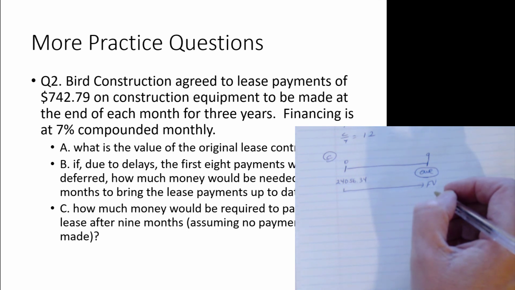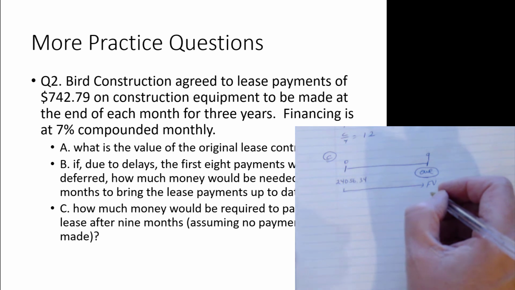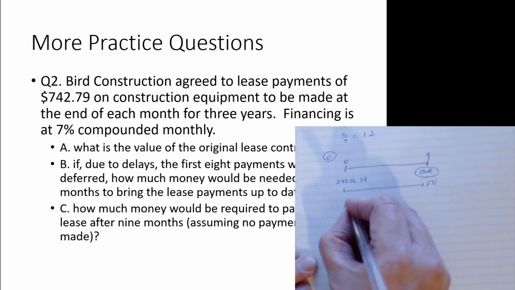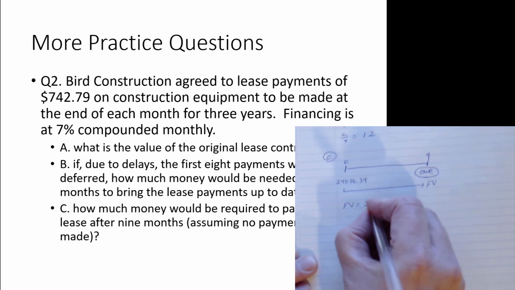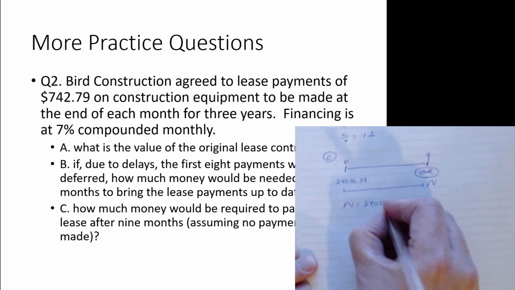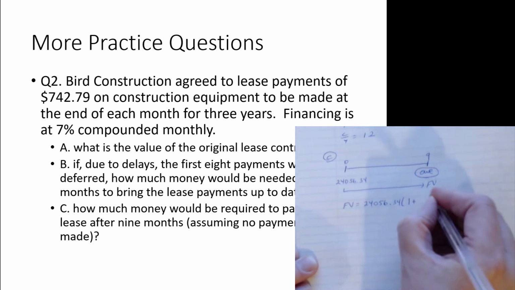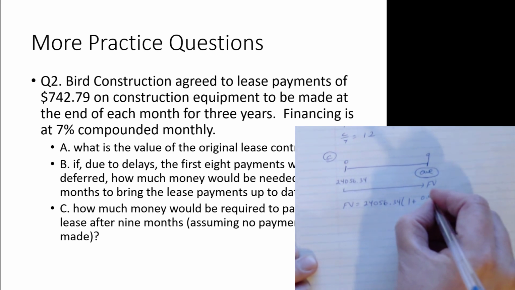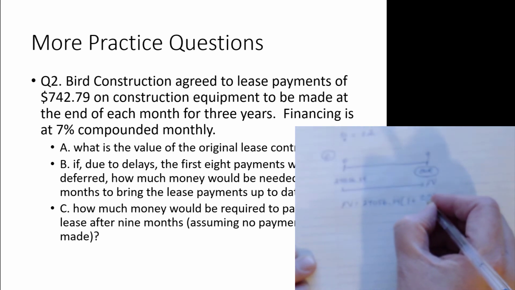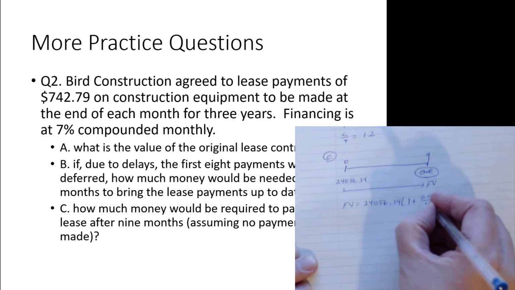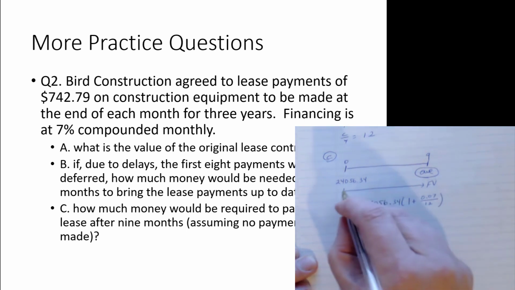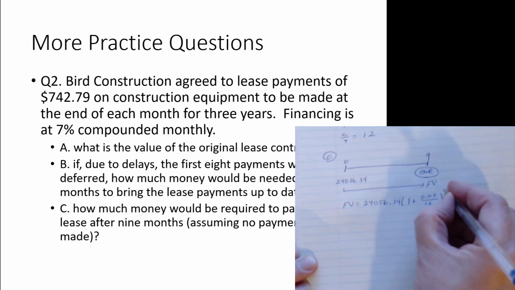No payments were made. That's not an annuity. That's going back to the old compound interest Unit 9 thinking. Just using that formula for future value, which is equal to the present value of a little over $24,000 times 1 plus, what's our interest rate? 7%, compounded monthly, so divided by 12. And how many months in 9 months? 9, right?